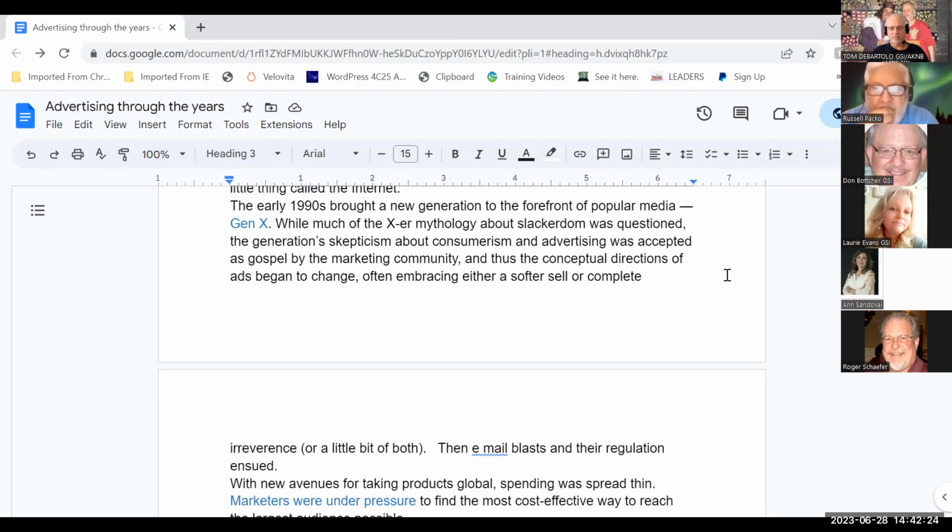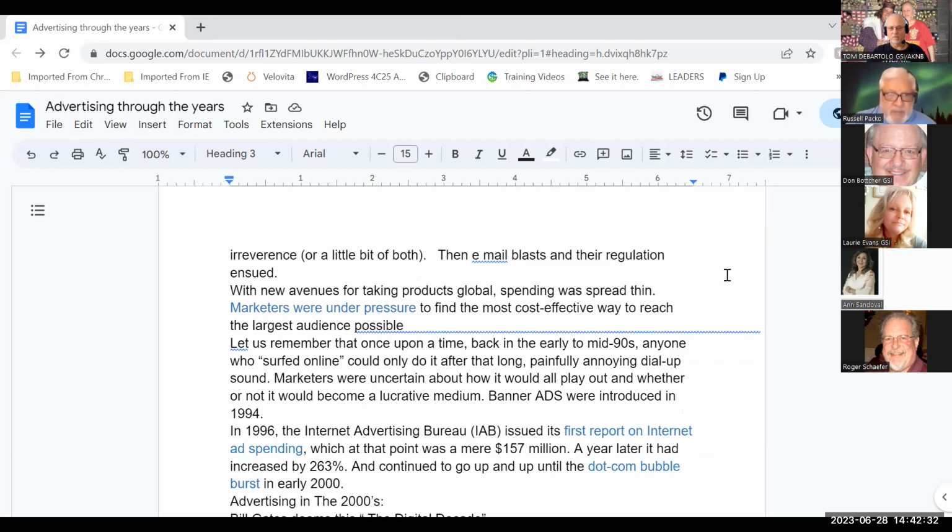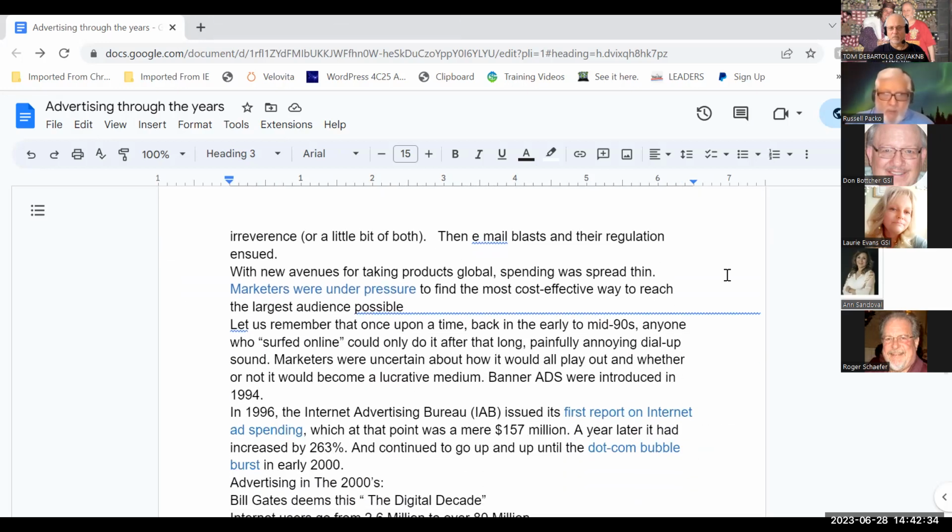And the conceptual direction of ads began to change, often embracing either a softer sell or complete irreverence, or a little bit of both. Email blasts and their regulation ensued.